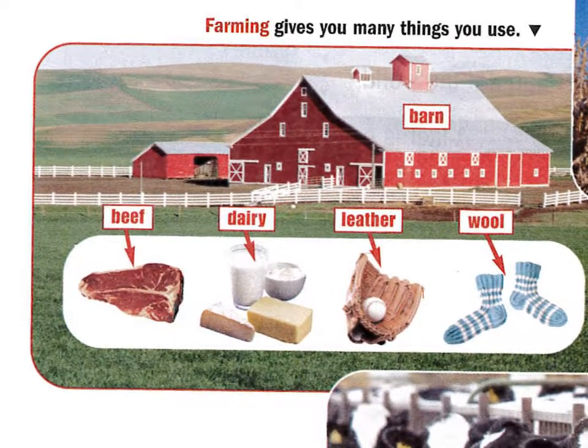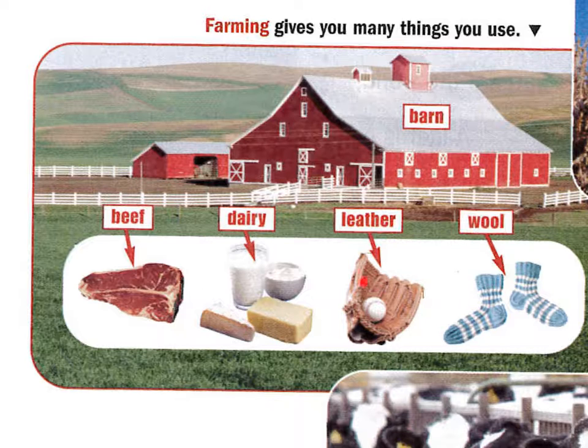Farming gives you many things you use. So what things do we use? If you eat meat, this is called beef from a cow. If you drink or eat dairy from cow milk, we have milk. Could be yogurt, cheese. So beef, dairy.